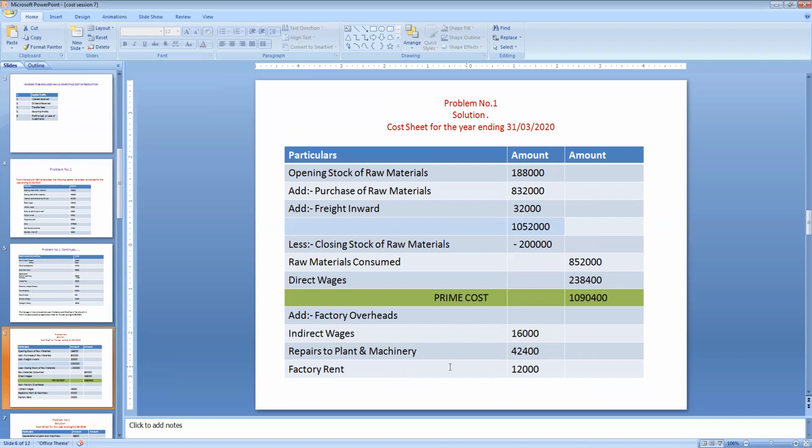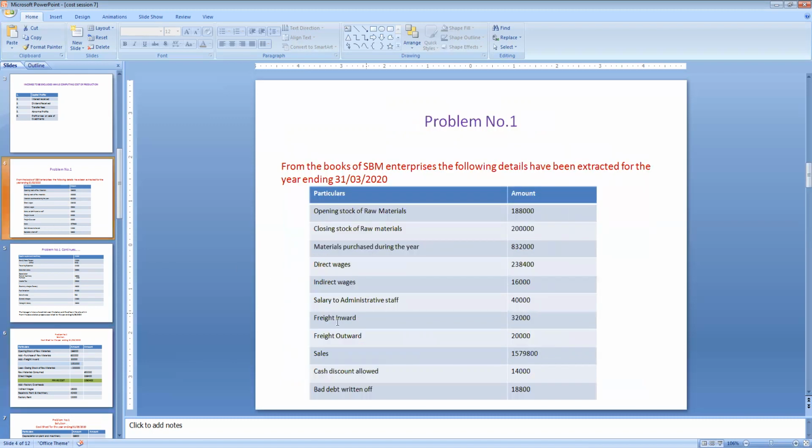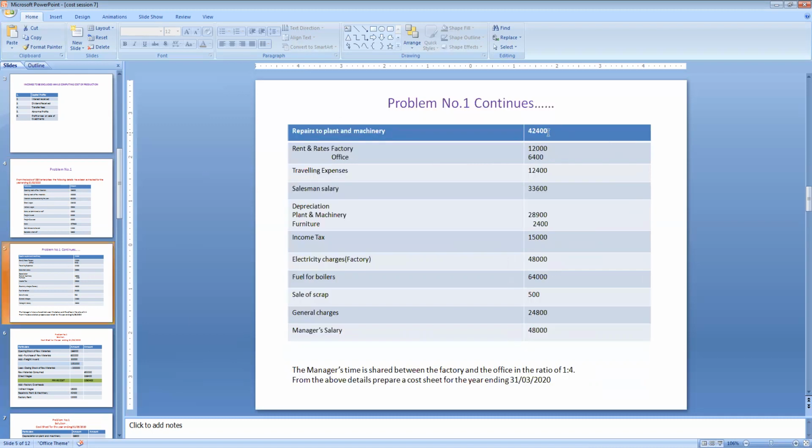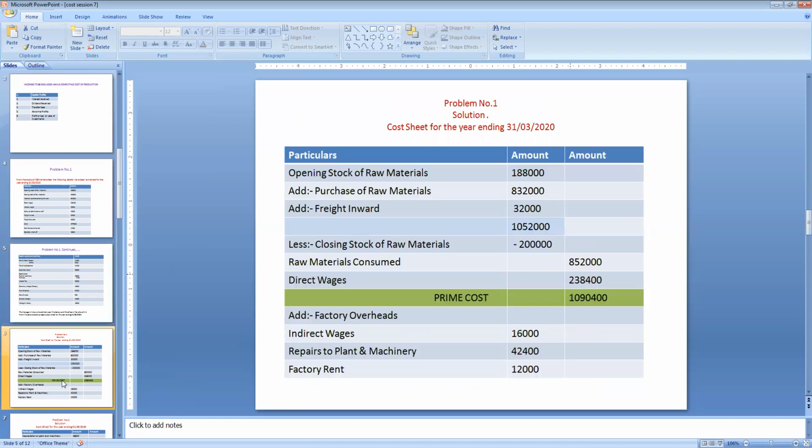Then next we go for adding all the overheads. The first one is the factory overhead. So all the items given belonging to the factory have to be shown here. One is indirect wages, 16,000. Repairs to the plant and machinery is given, that is 42,400, and rent paid for the factory, that is 12,000. So we have added 12,000 here.